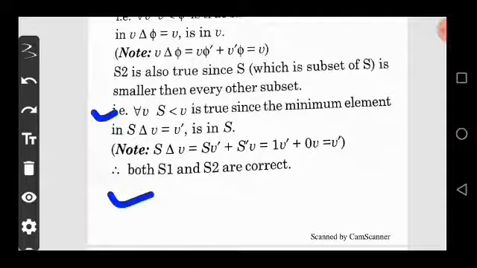So we say that both statements S1 and S2 are correct.